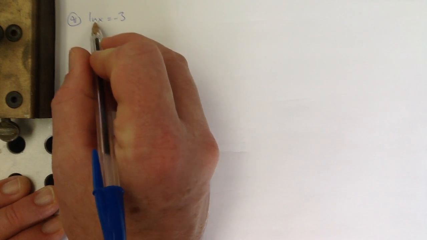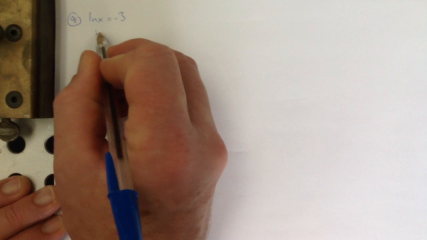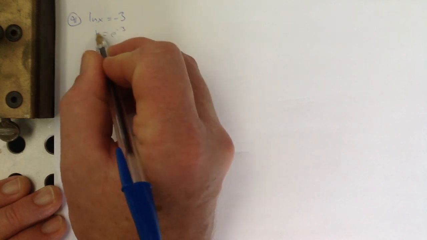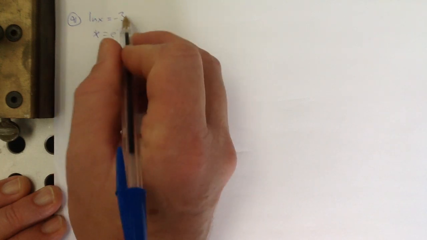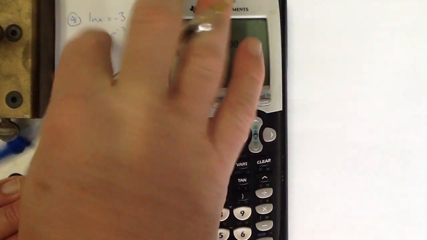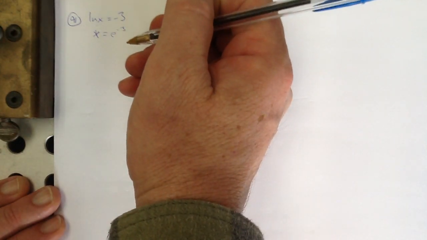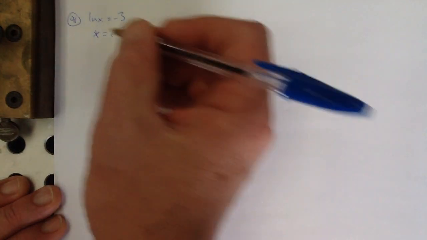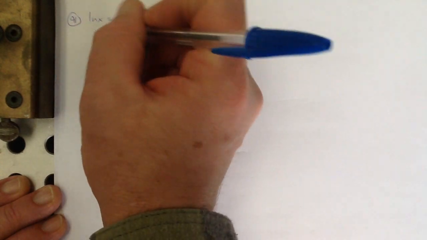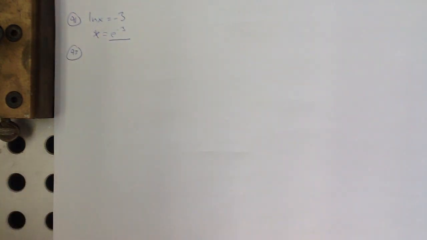Natural log is log base e, so that means that's the same as e to the negative 3 is equal to x. Once I get it as a single logarithm, I can just rewrite it like this, and then I can just jam that into the calculator if I wanted to know the decimal answer. I think they're going to have the 3 decimal place in the back of the book, so you can do that if you want and check to see what they have in the back, but that is the exact answer, e to the negative 3.